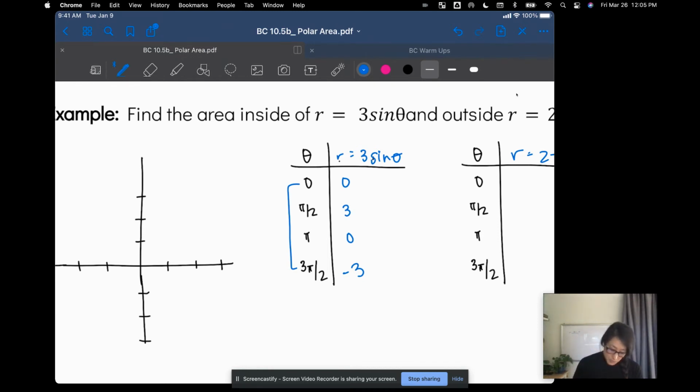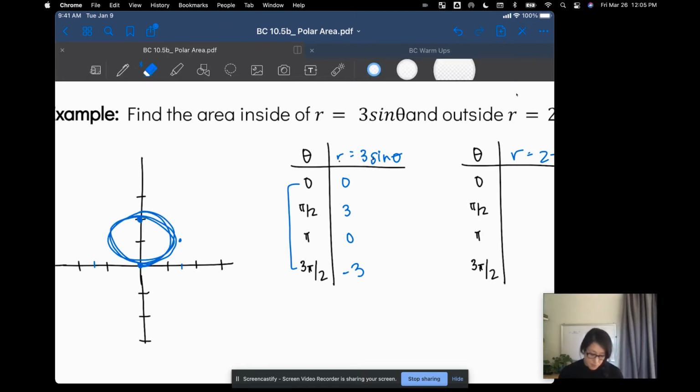So I'm going to go ahead and graph 0, 0, then 3 pi over 2. And then I know that the radius of this circle is 1.5. So I'm just going to put in some markers here to help me out. Ooh, I did not draw that very nicely. Okay, we're a little elongated.